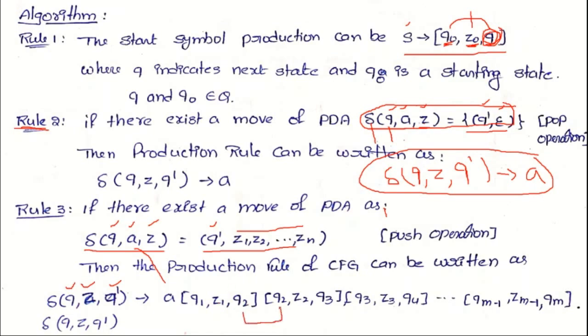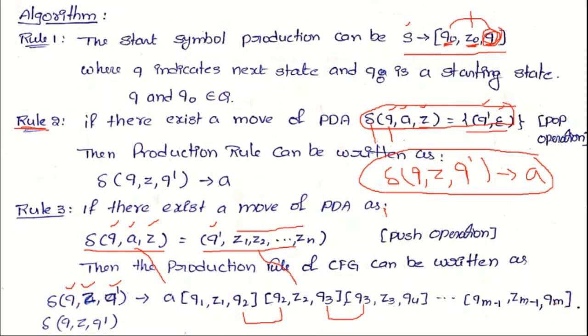These must be the same: whatever state ended, the same state is started within the next production. So that is q2 comma next top of the stack symbol z2 and next state q3. In the same way, next we start with q3 and the next stack symbol z3, go to the next state q4 and so on, qm minus 1 comma top of the stack zm minus 1, then go to the final state qm.